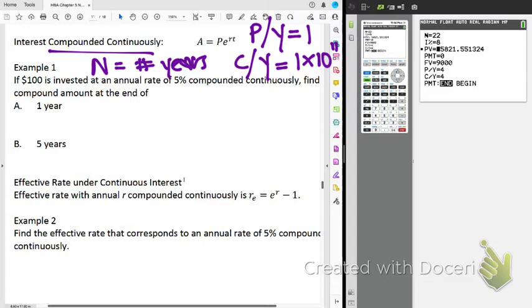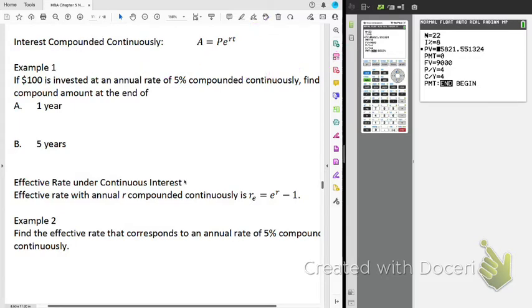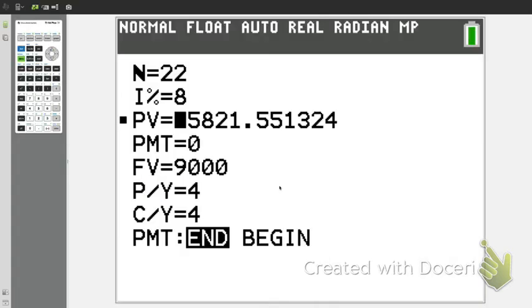So in something like example 1, we are investing $100. So what is that in my calculator here? My PV. And I'm investing 100, so it goes in as negative 100, right?